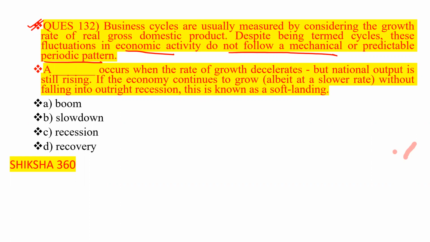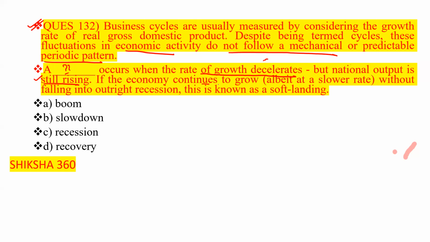Now the first question. A dash occurs when the rate of growth decelerates, meaning decreasing, but national output is still rising.